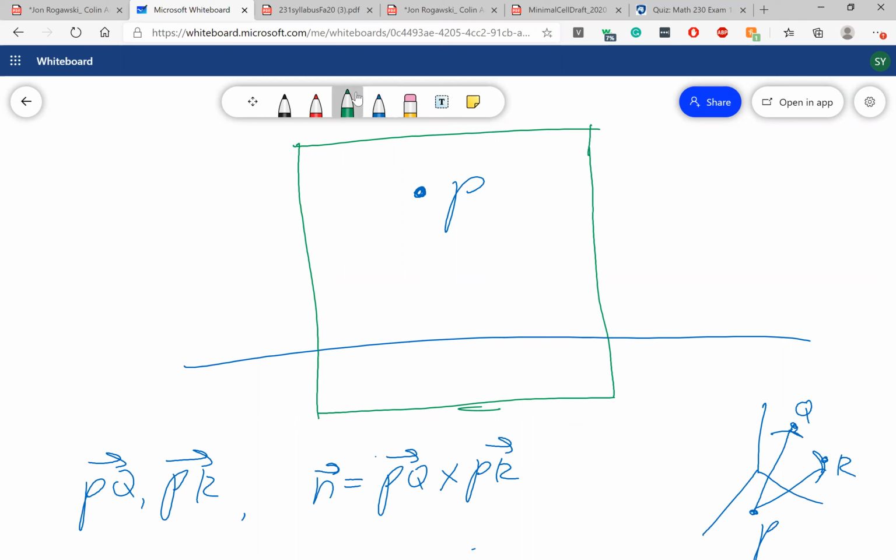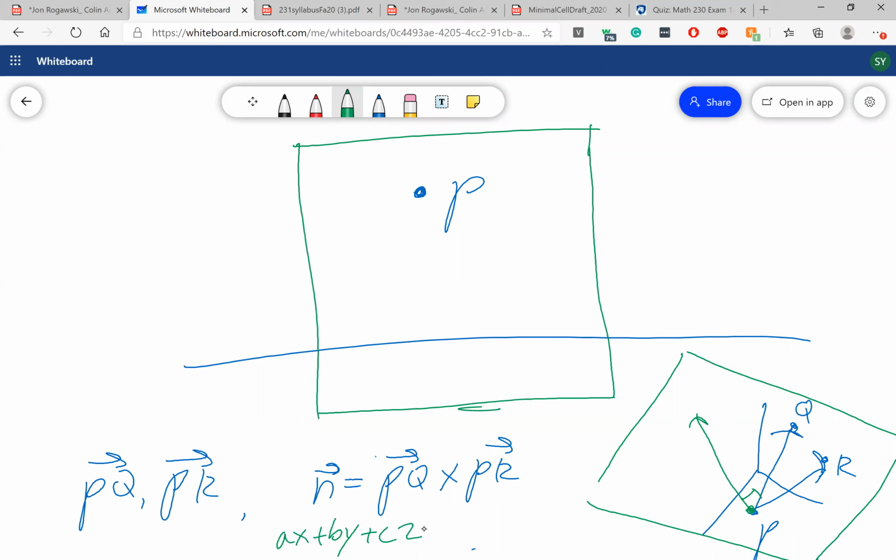So here's my plane. That's going to give us this vector over here, which again is orthogonal to both PQ and PR. And that's how we can find our normal vector. And then, like we said, the equation of a plane is Ax plus By plus Cz equals D, where N is equal to A, B, C. That's the normal vector.